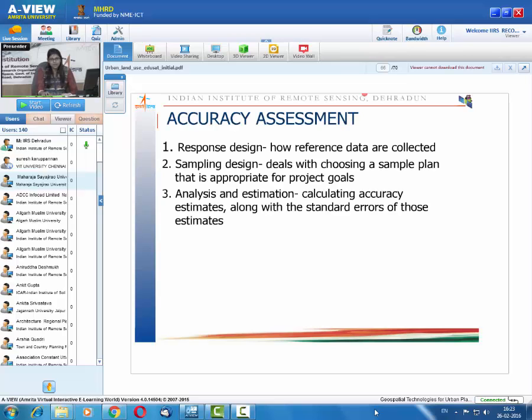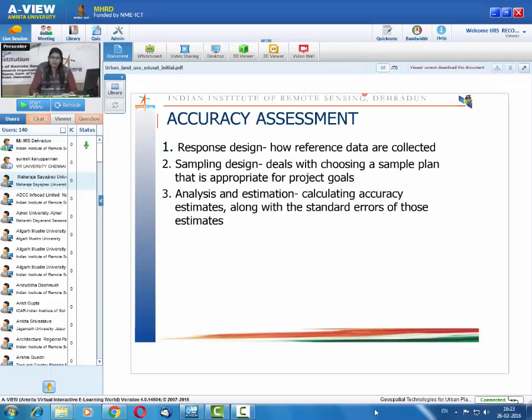So we are coming to the end of the lecture by understanding how we do accuracy assessment and why this process is so important. See, the system or the computer or the software is doing a process for us, and it is doing the process based on some a priori knowledge which we are providing to it in the form of training sets.